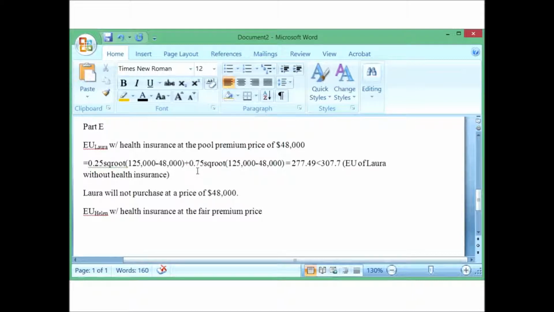So here basically you have a consumer, right? And the consumer computes their expected utility with the purchase. If they make the purchase, then the expected utility would be 277. But then we won't have to wonder, as a consumer, am I better off with the purchase?